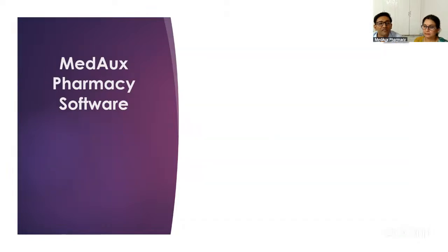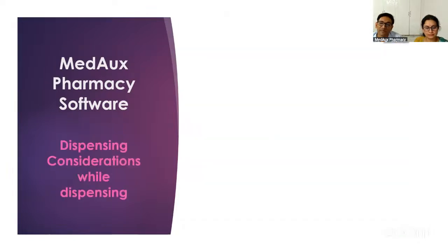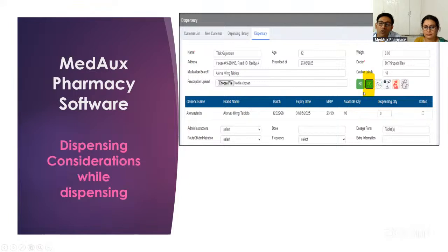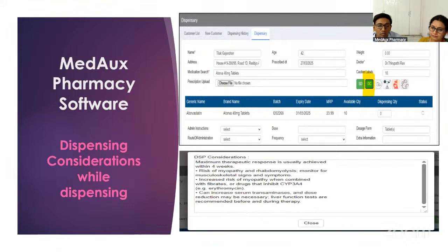And next, we have the dispensing consultation while dispensing, the second icon. For every medicine, we talk about what we as a pharmacist should be aware of while giving this medicine, especially in terms of pathophysiology, drug interactions, or if the patient is experiencing a side effect, data like contraindications or common side effects may be available here.